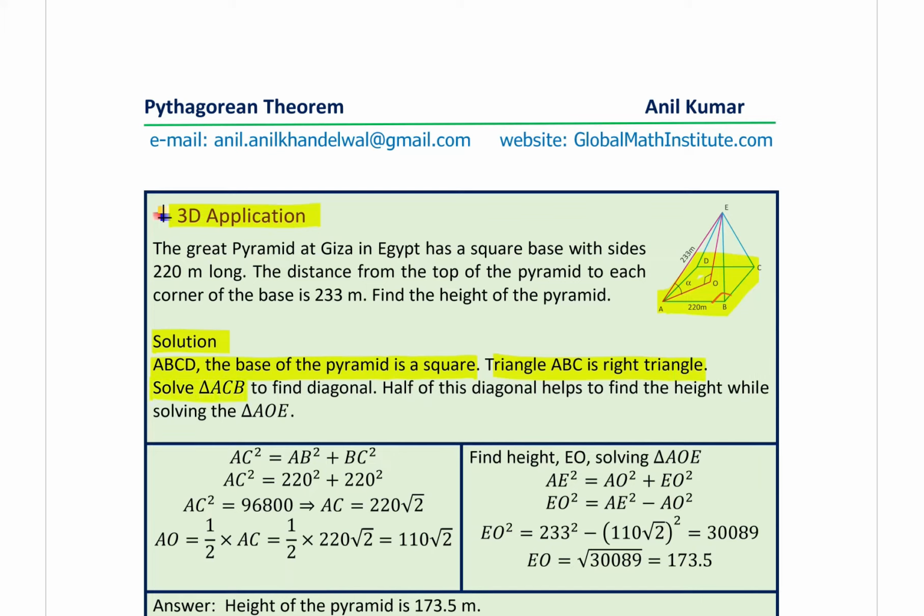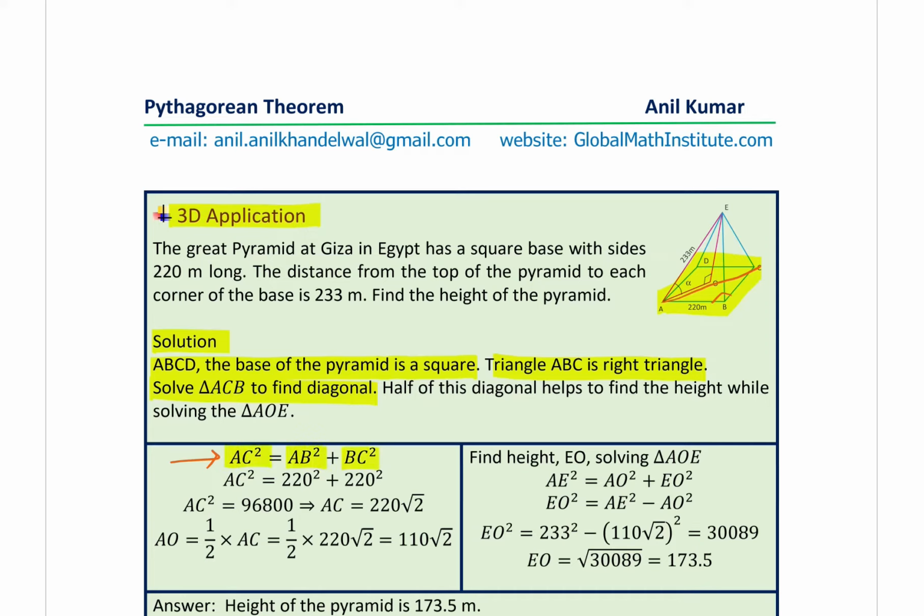In the triangle ACB, we can find the diagonal using the Pythagorean theorem, right? So we can use the Pythagorean theorem to find A to C. So the first step is to find A to C. Let's find it using the Pythagorean theorem.